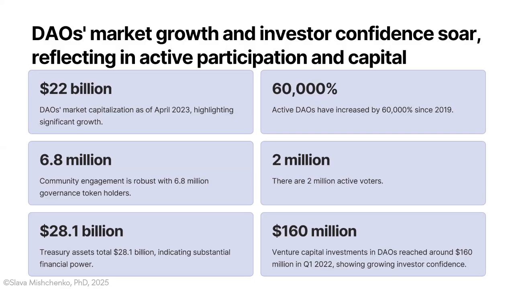And for example, the treasury assets of $28 billion and venture capital investments of 160 million in the first quarter of 22 tell us something crucial: that institutional investors are taking DAOs seriously. From my perspective as a financial technology expert, this institutional buy-in is a strong indicator of the technology.